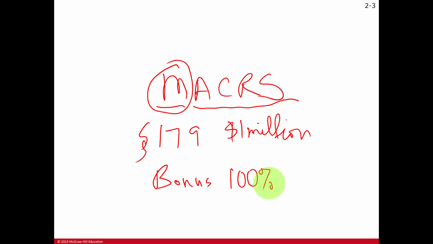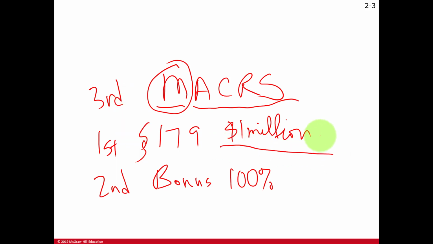Now, the order you apply these 3 different methods of depreciation is that 179 is the first you utilize, then bonus is the second, and this MACRS is the third method if anything is still left over to depreciate. But again, most people don't get $1 million worth of assets, so probably you won't even reach this bonus step for many businesses.